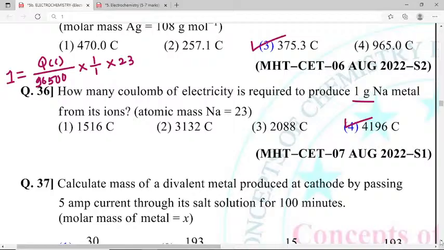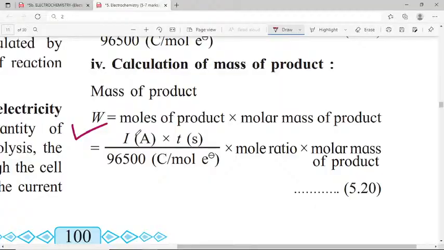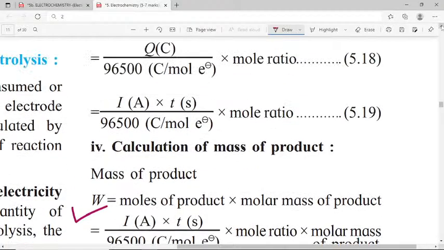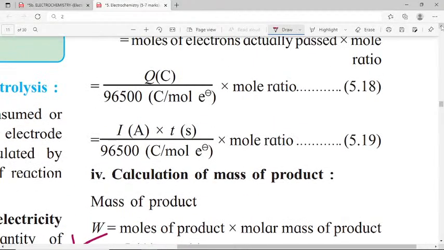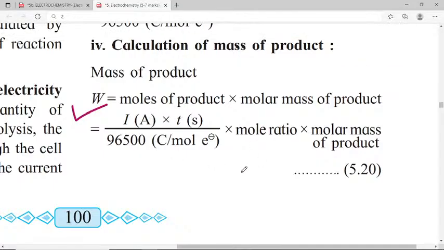Are you getting it? Question number 36, same formula: coulombs divided by 96500, multiplied by mole ratio, multiplied by molar mass. I am using this formula. Current in ampere into time in second together is called the coulombs.